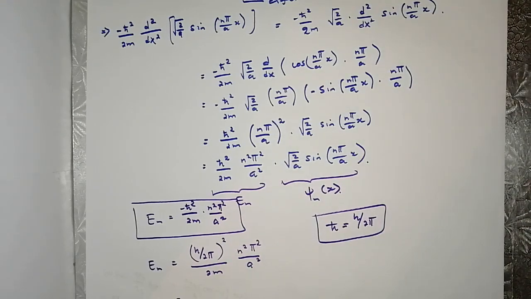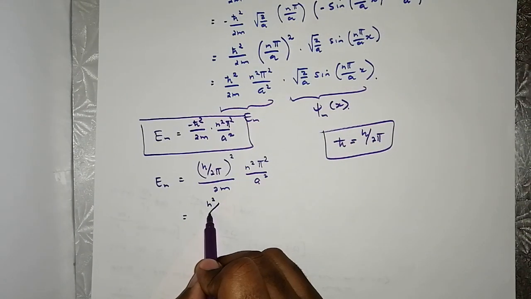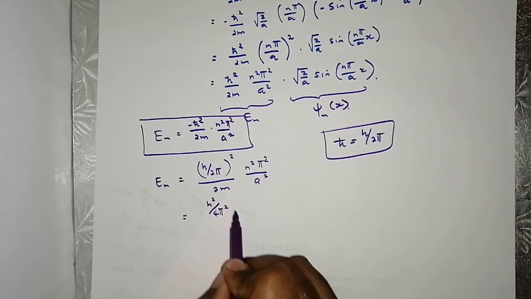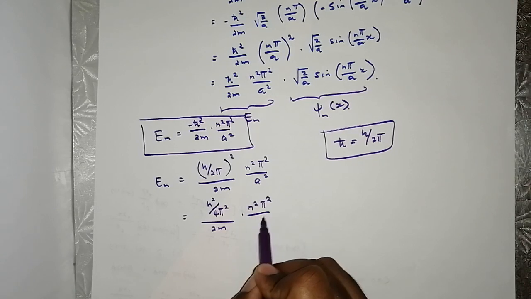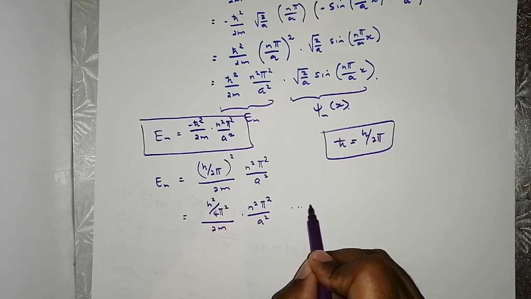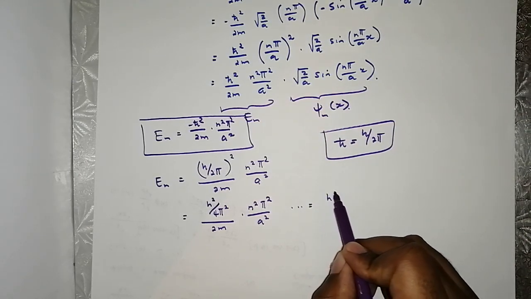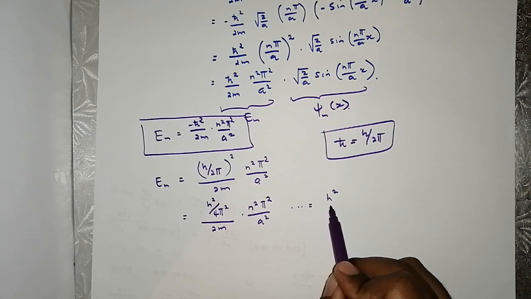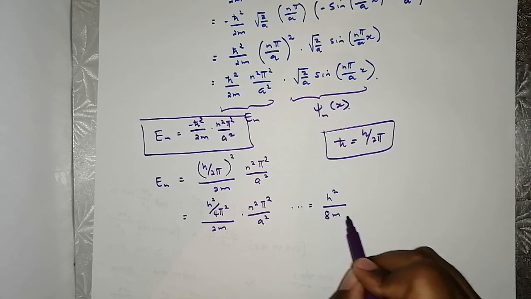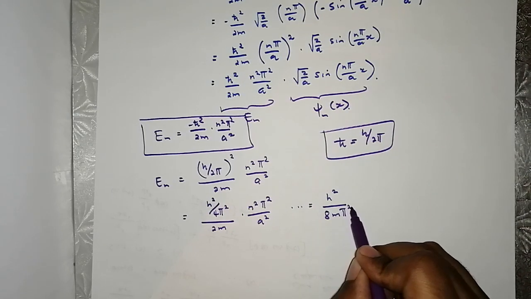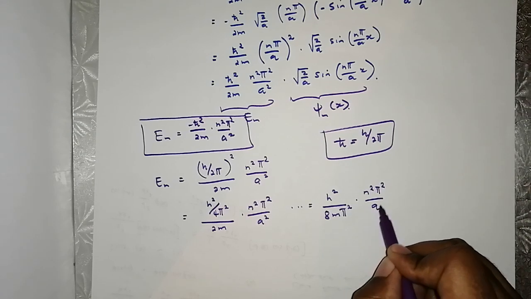We simplify it to where we want it to be. It's h squared divided by 4 pi squared, over 2m multiplied by n squared pi squared over a squared. You can say it's h squared divided by 8m pi squared times n squared pi squared over a squared.